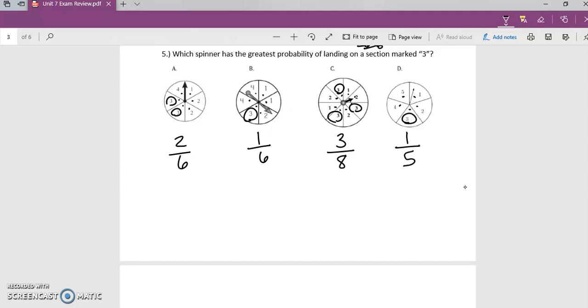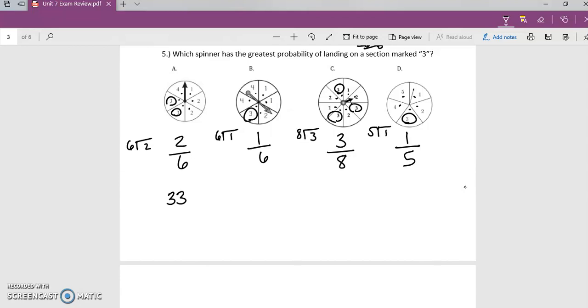So now, if there are different fractions, I can just compare them and say, well, 2 out of 6, and again, I can just divide it, 6 going into 2, and go like that, 6 going into 1, 8 going into 3, 5 going into 1.